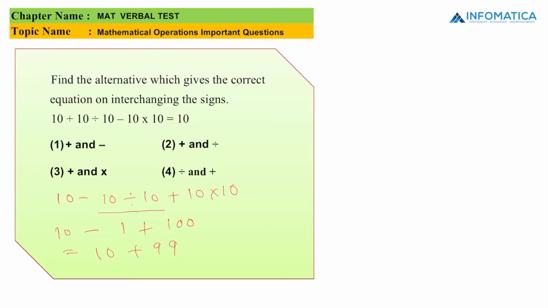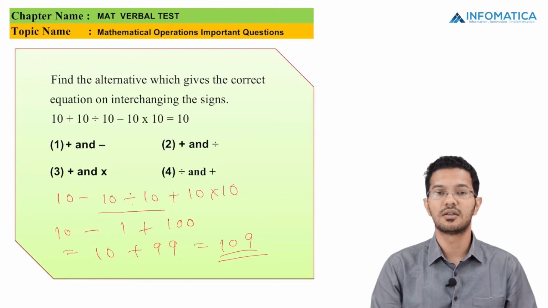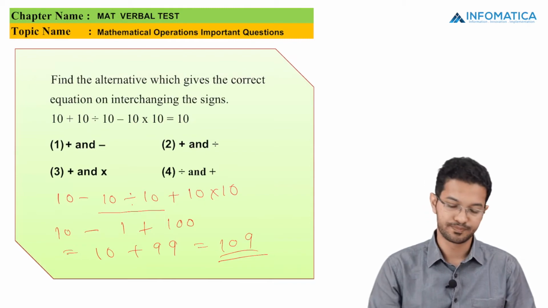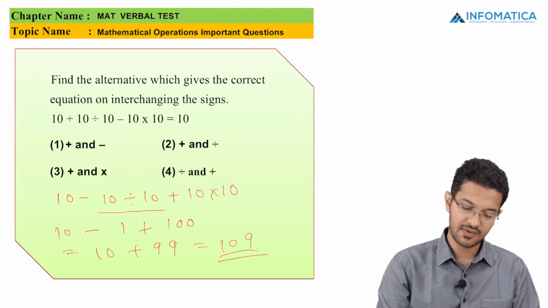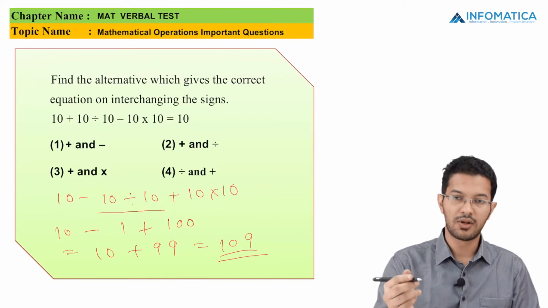Minus 1 and plus 100 is giving me 99 and 10 plus 99 is giving me 109. So this is not equal to the RHS, which is 10. So we discard the first option. Now let me go for option number 2, which says we have to interchange the plus sign with the division sign. So now let me write it down.